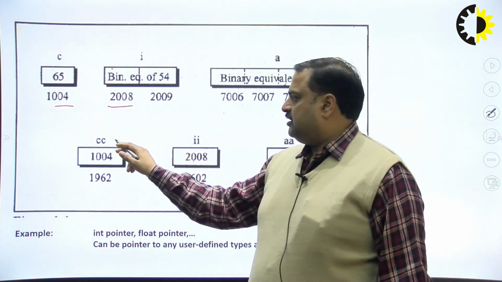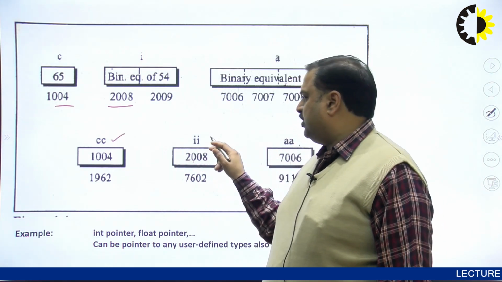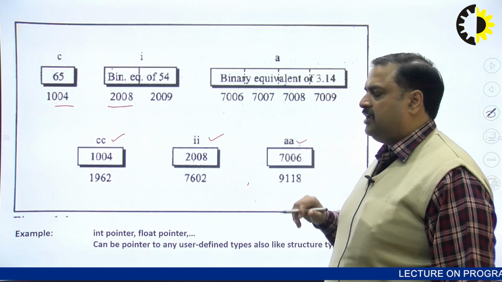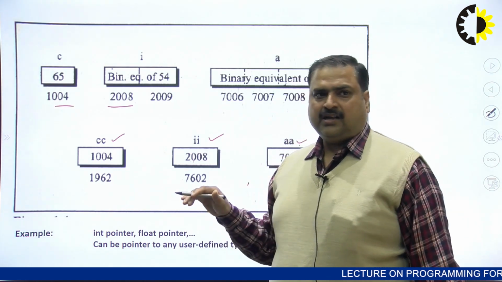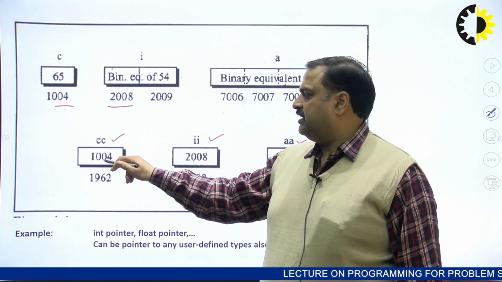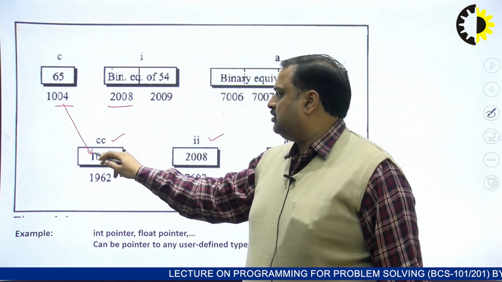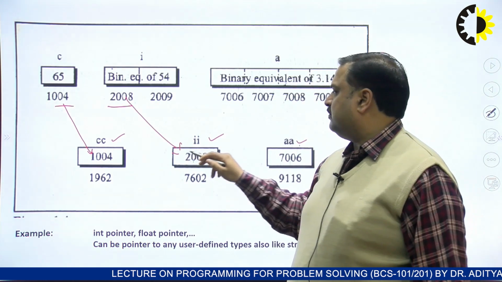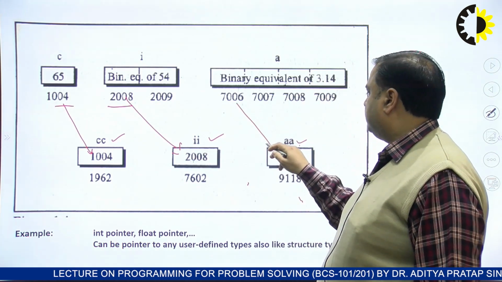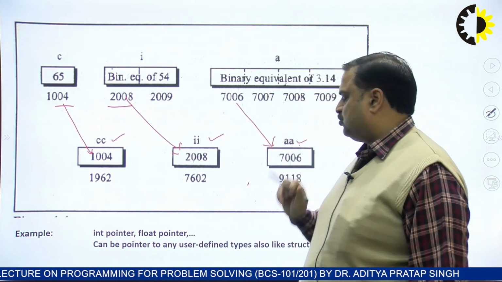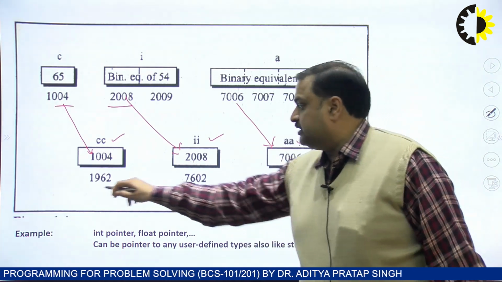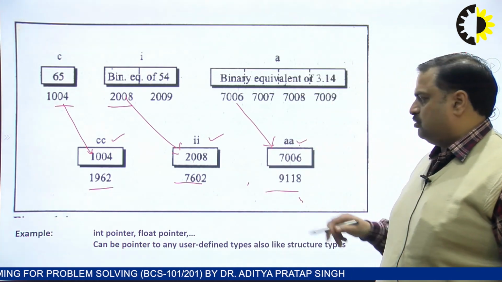We are having a pointer CC, pointer II and pointer AA. So, pointers are storing their initial addresses 1004, 2008, and 7006 is stored at AA, as well as they are having their own locations also.